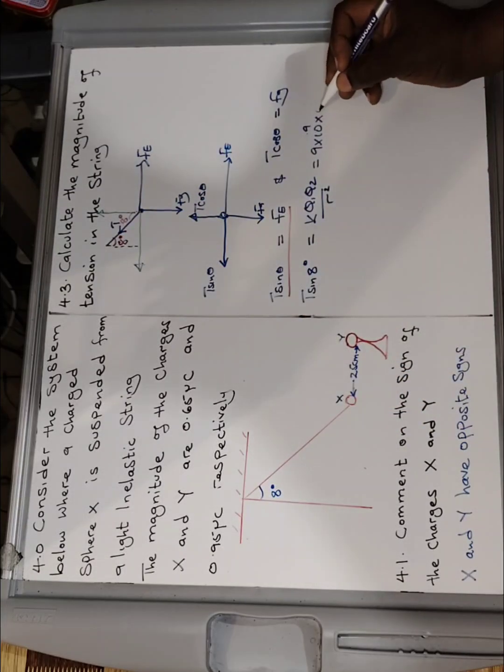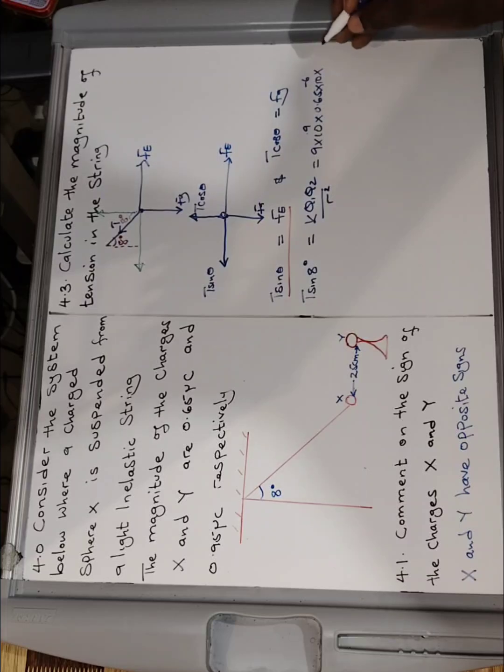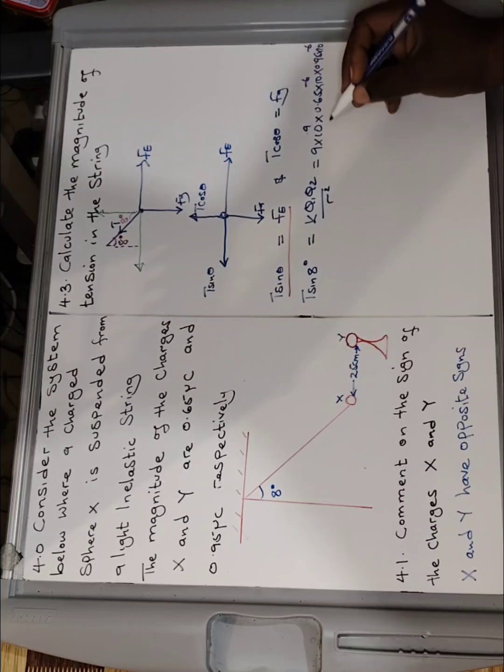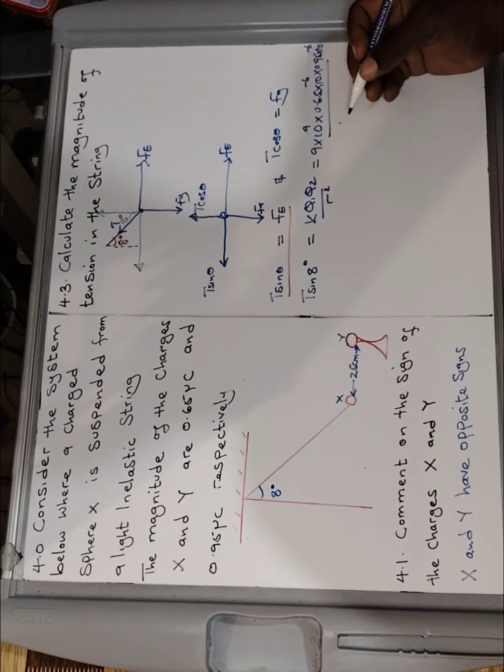It is 0.65 times 10 to the power minus 6 micro, and Q2 is 0.95 times 10 to the power minus 6. All of it over R squared, which is 25.